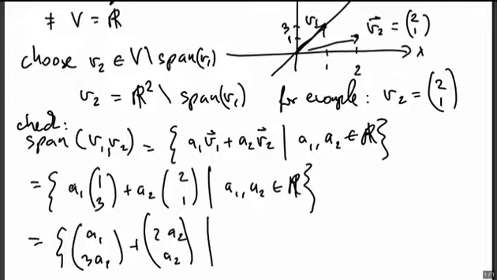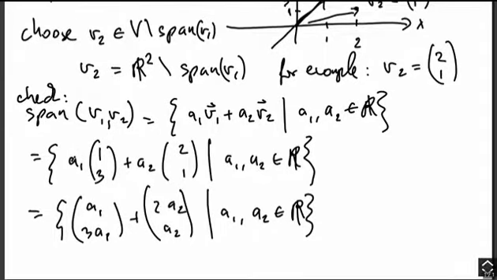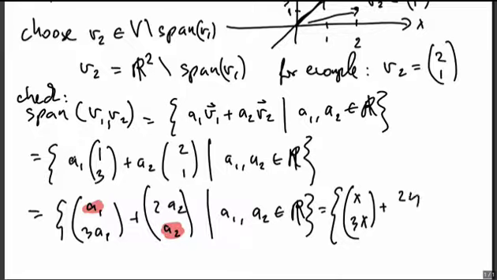Now I could leave this notation, it's really just a notation, but at least at the beginning it's useful to change the notation from A1, A2 to X, since that was one of the first coordinates, and maybe Y could be another scalar notation. So let's say (X, 3X) plus (2Y, Y), and here X, Y are real numbers.